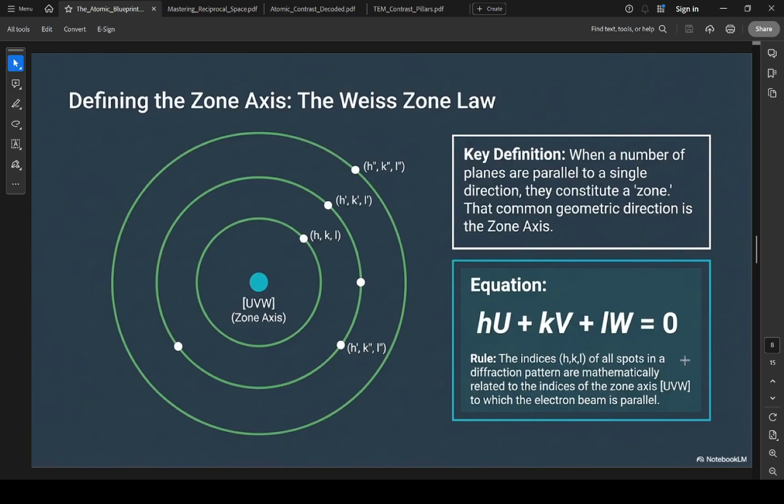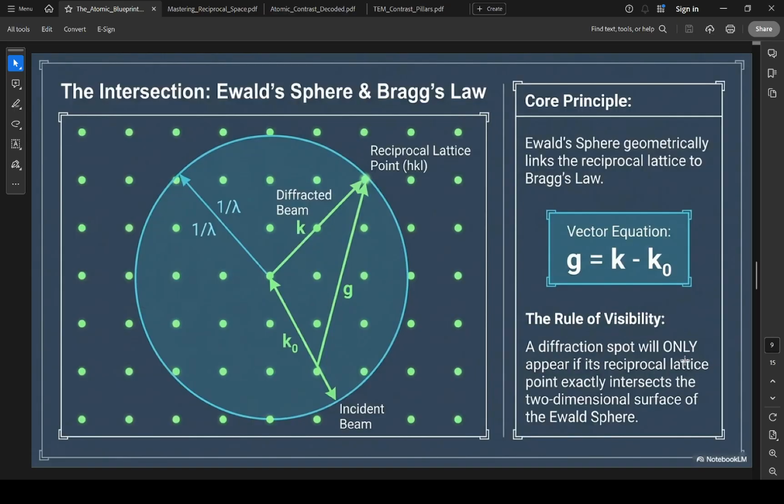So the indices HKL of all spots in a diffraction pattern are mathematically related to the indices of the zone axis, given by UVW, to which the electron beam is parallel. And how the diffraction is happening, we had already studied earlier.